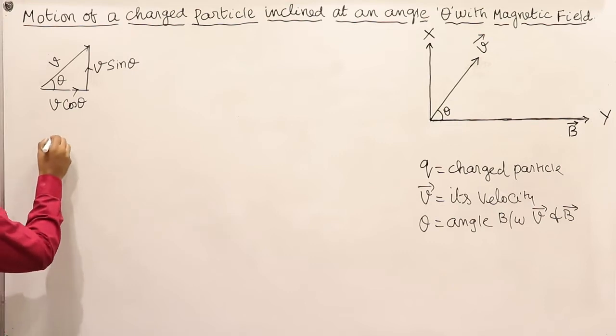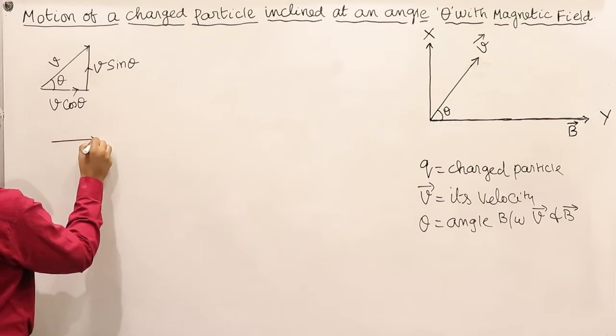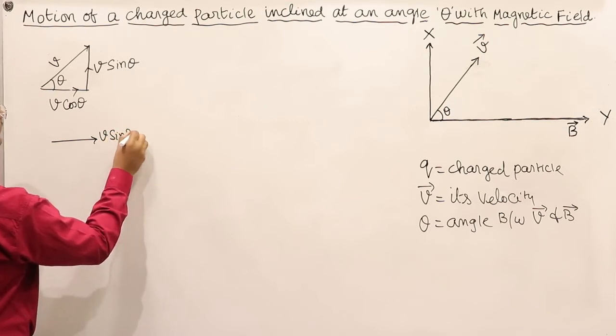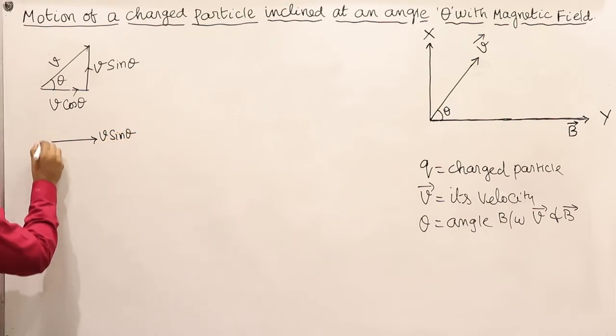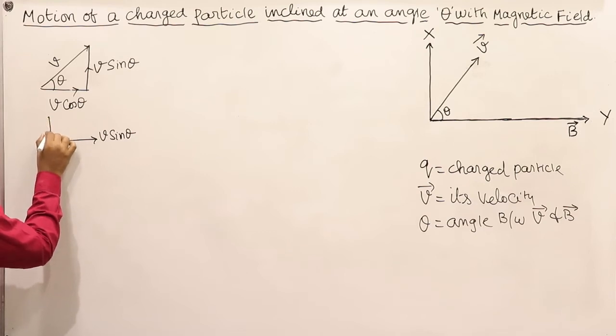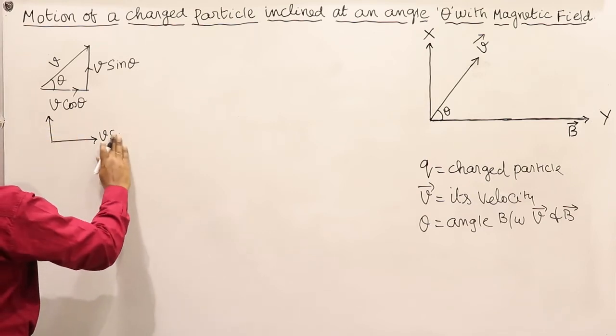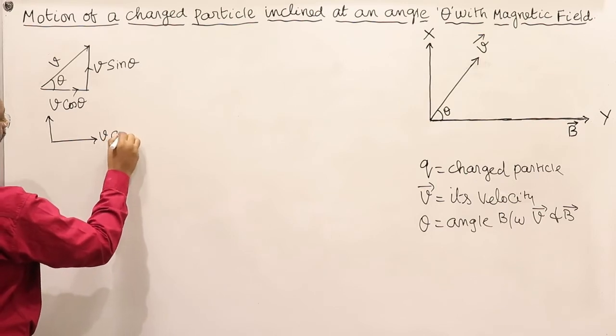We can treat it as one component of velocity, v sin theta, in this direction, and one more component in this direction, v cos theta.